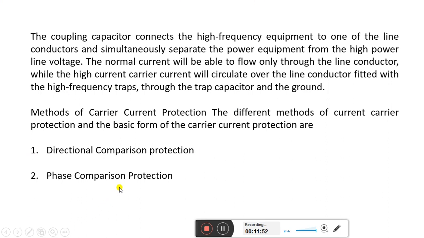However, in the phase comparison protection scheme, we compare the phase of the current at both ends, and depending upon the phase relationship, we actuate the signal for the protection system. So here in this scheme, we are going to discuss how the phase comparison protection scheme works.